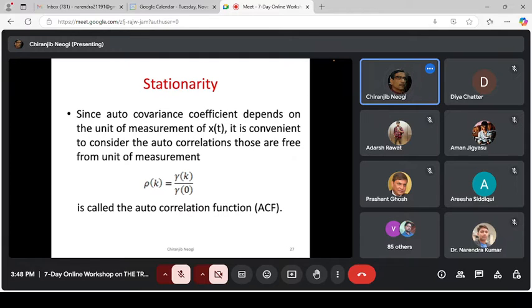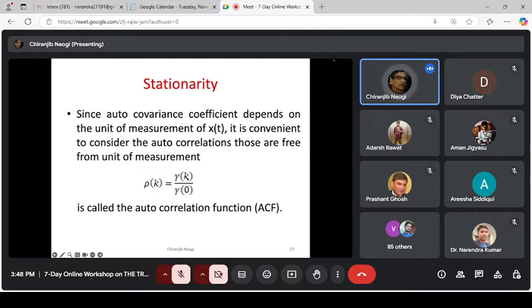The autocovariance coefficient depends on the unit of measurement of xt. It is convenient to consider autocorrelations, which are free from unit of measurement. So it is called the autocorrelation function.